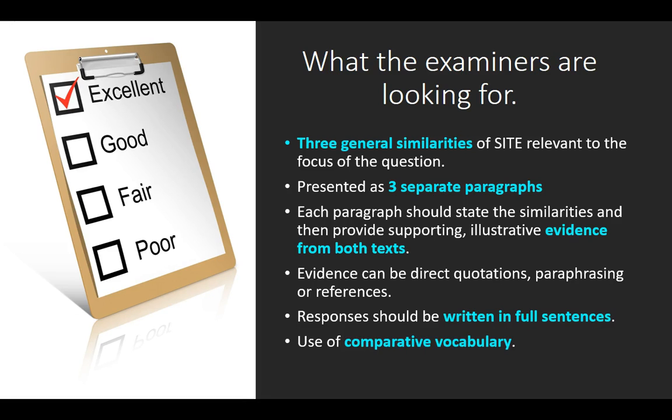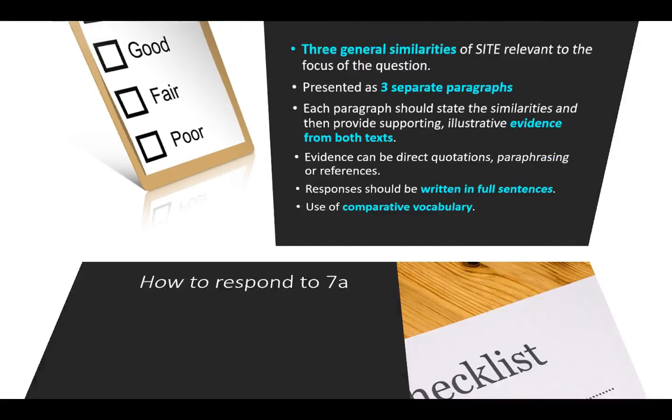So when you've given your evidence from text 1, you then need to say similarly in text 2 or likewise in text 2, in the same way the writer of text 2, whatever it might be. Okay, so 3 general similarities, 3 paragraphs, evidence from both texts, answer it quickly. Okay, so you're not writing a PED essay, you're just providing 3 separate self-contained paragraphs.